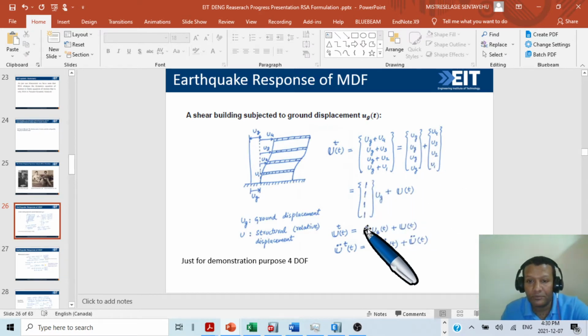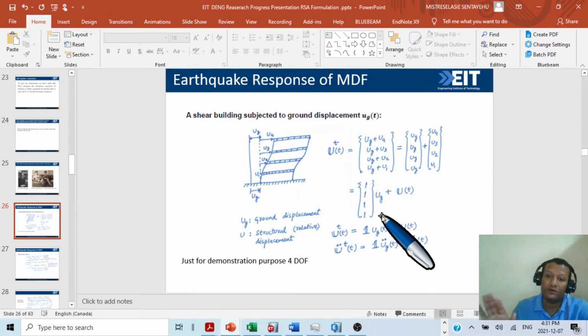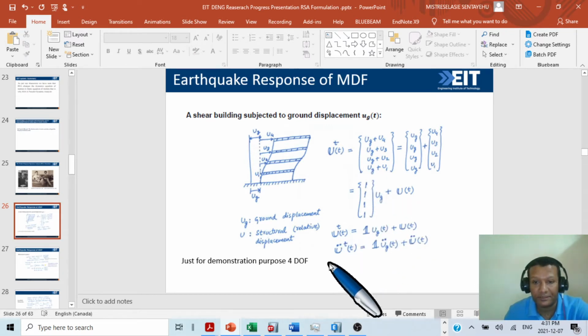In the vector form we can put it like this: U ground times 1 plus this one for the structure. This is a vector, and we have a 1 degree of freedom system only in the x direction. The other directions, the y and the z, are already locked for this purpose.